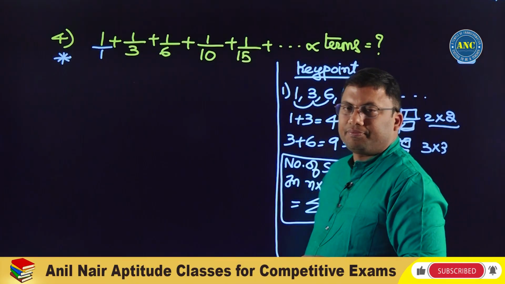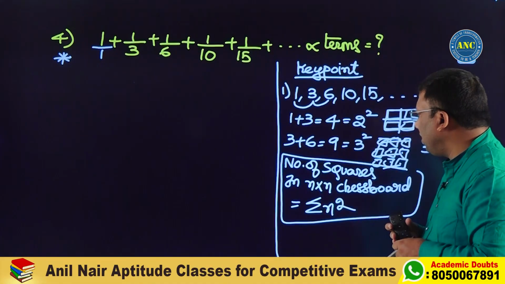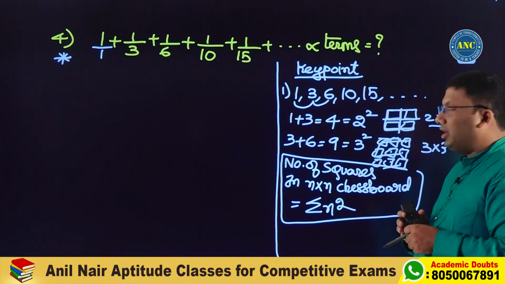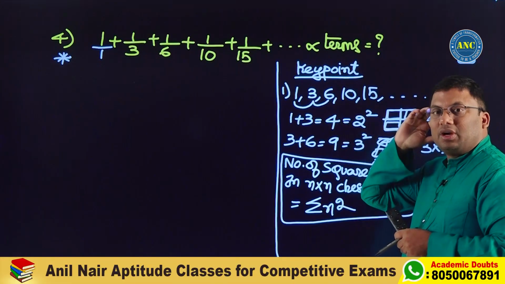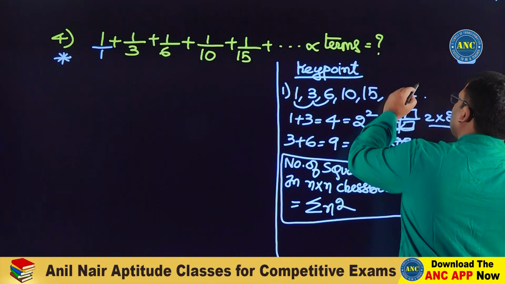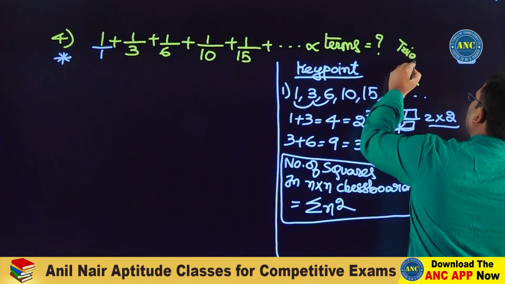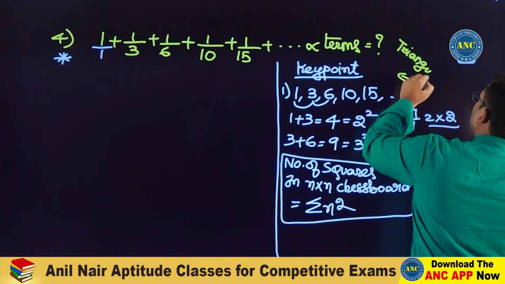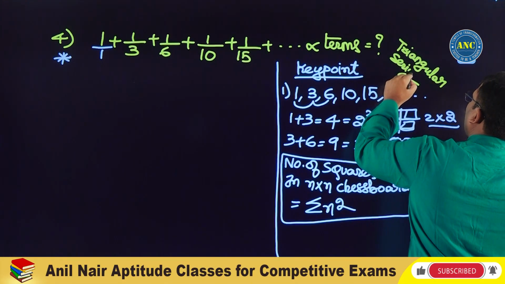Very, very important concept. Take the sum of any two consecutive numbers. This series is popularly called the triangular series. Please write down: this series is popularly called the triangular series.